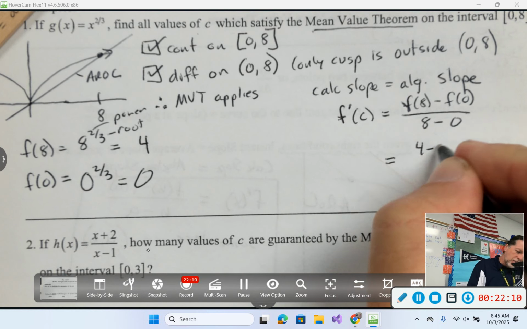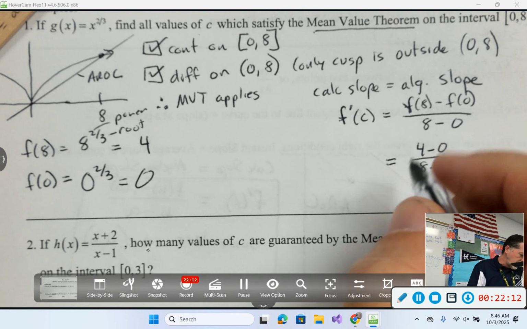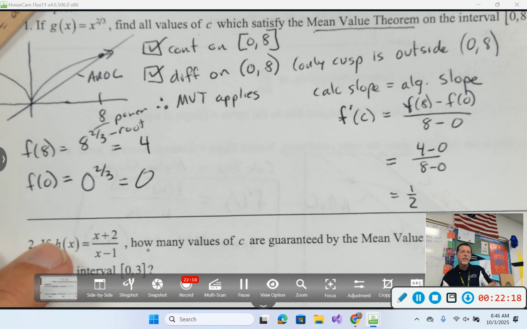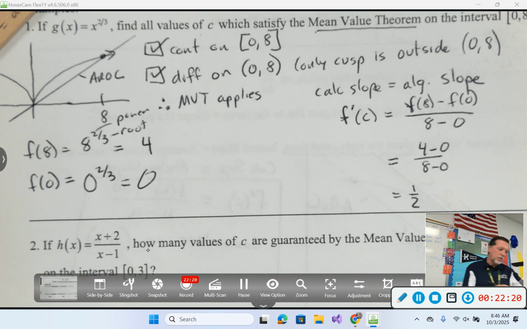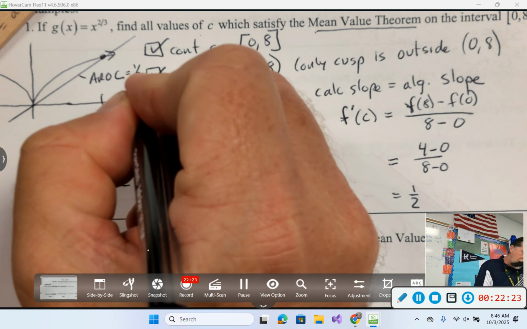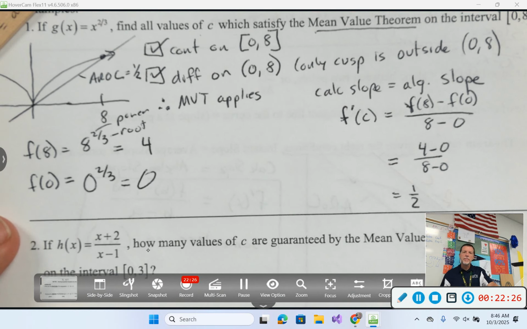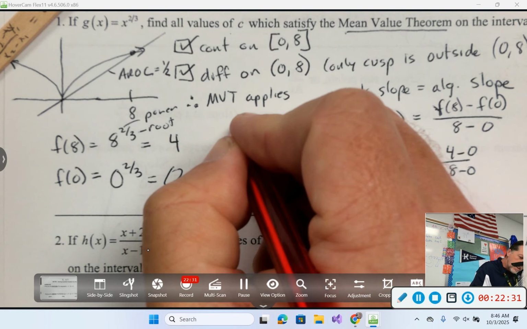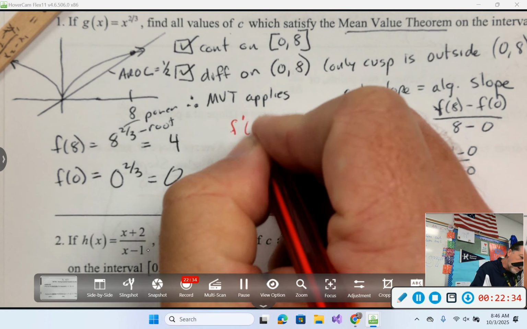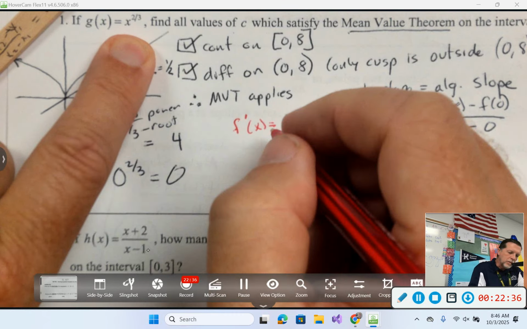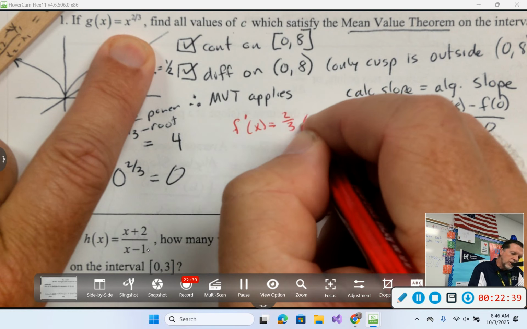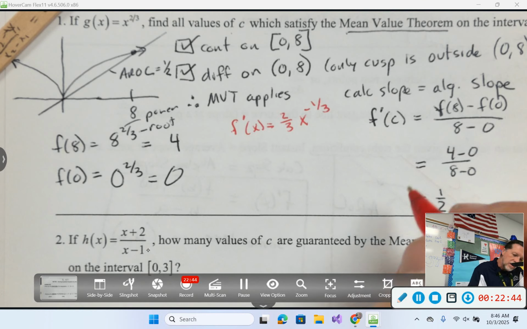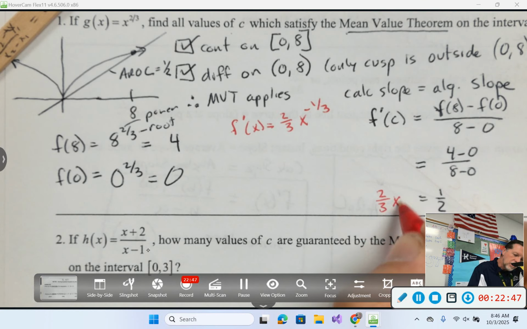So that means 4 minus 0 over 8 minus 0, that would be 1/2. Now I've got the algebra slope down. That equals 1/2. Now I need to find the calculus slope. So f prime, let's see, power rule, 2/3 x to the negative 1/3.